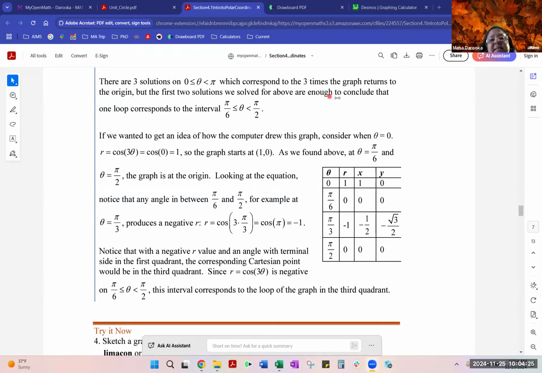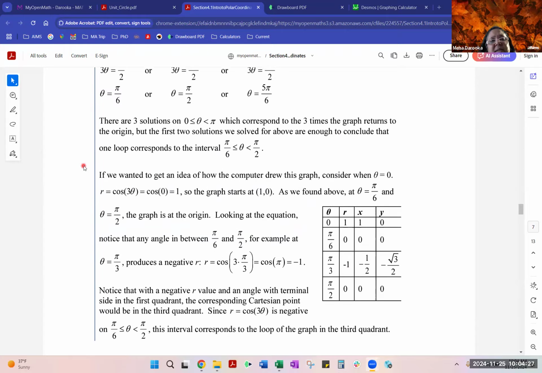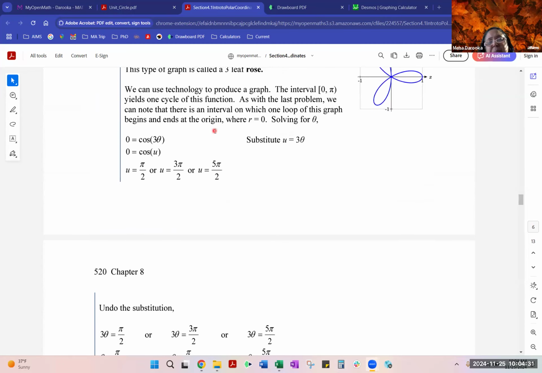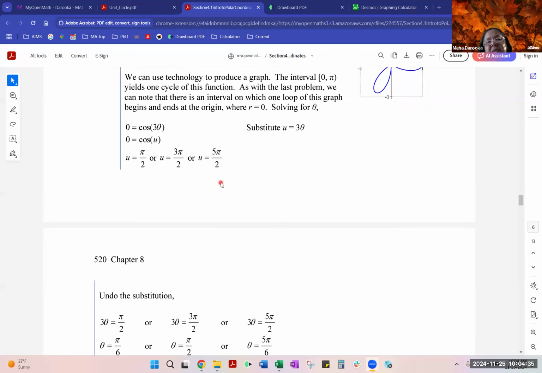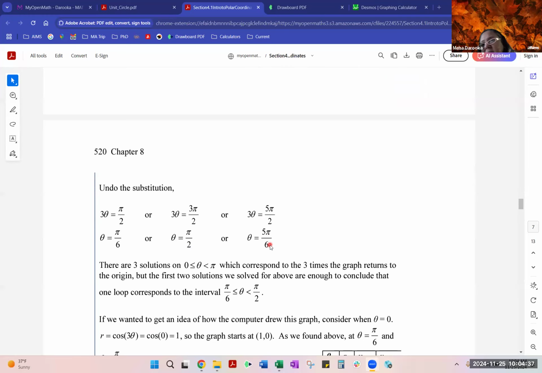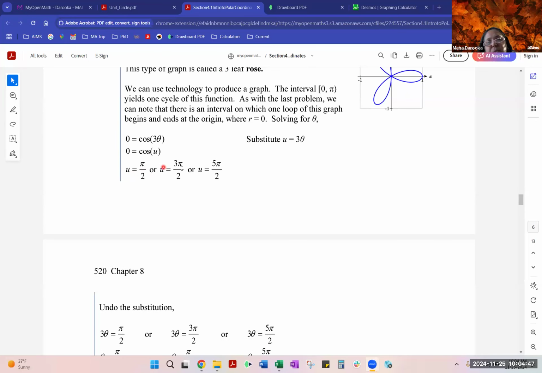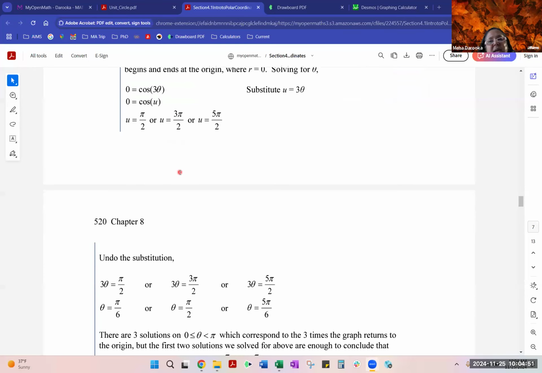As for where that extra angle is coming from, we know that theta has to stay between 0 and pi. So we're preemptively creating a third angle, because once we simplify for theta, that angle will change to 5 pi over 6, which will stay within that theta interval of 0 to pi. If you were just looking at the unit circle, we would have gone with the first two angles, so they're working ahead of that.